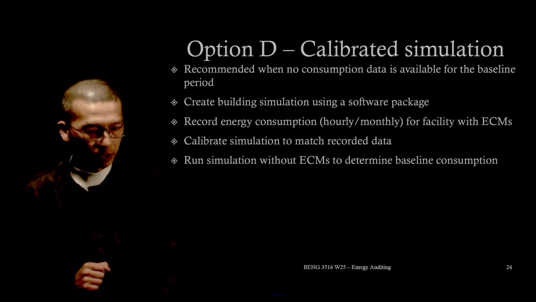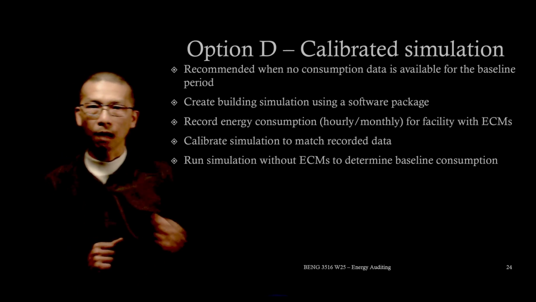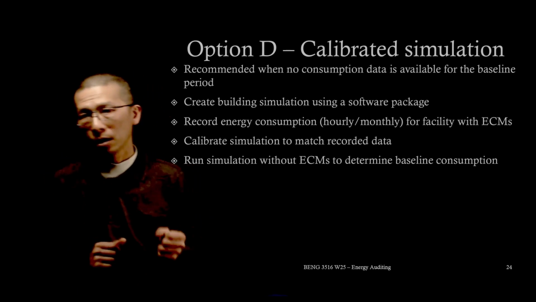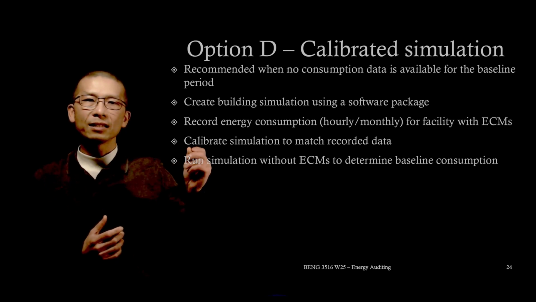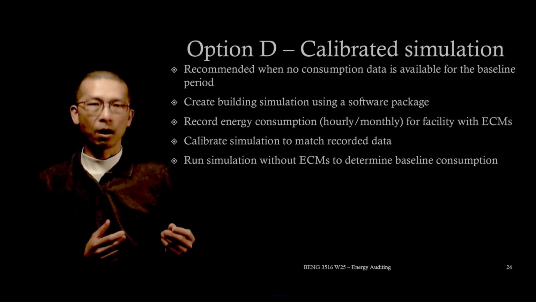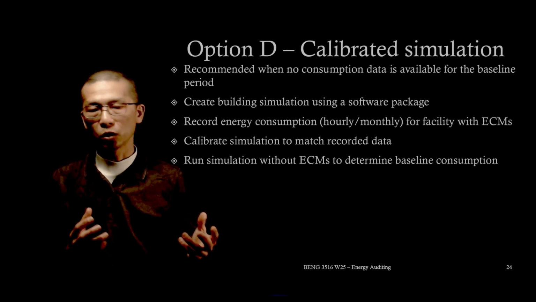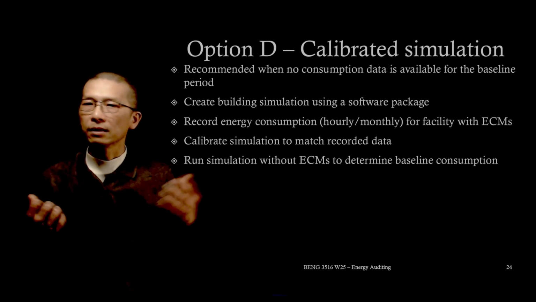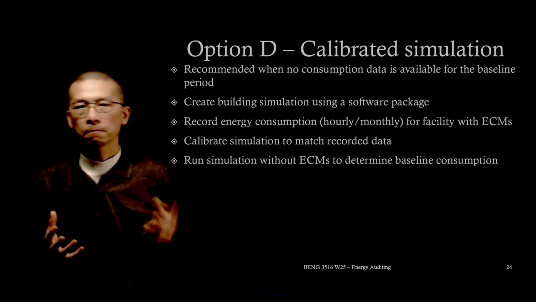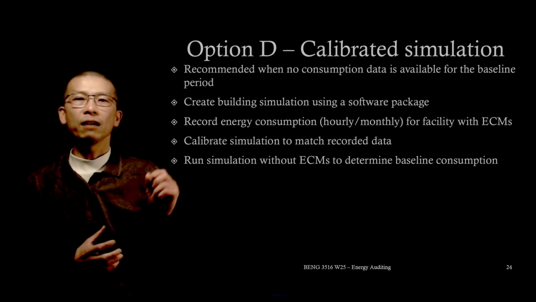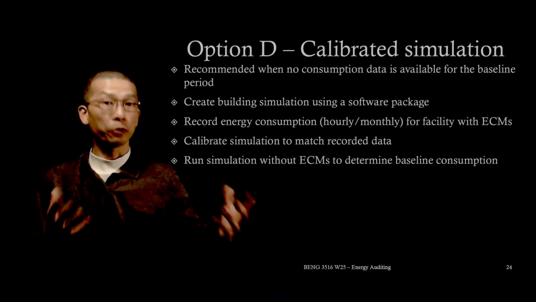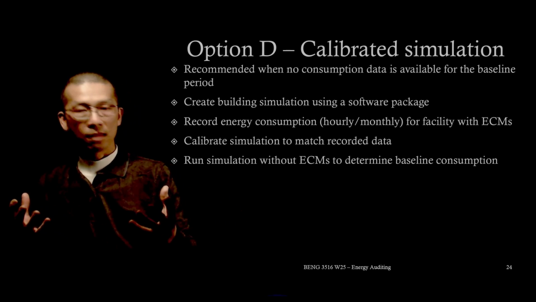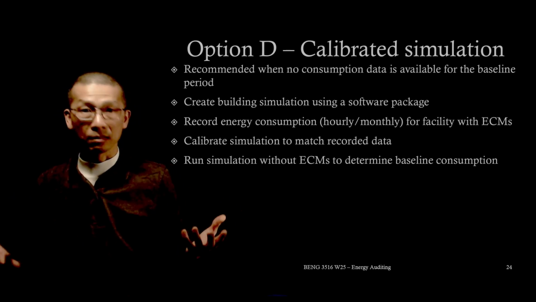One last option, option D, calibrated simulation. Let's talk about it. It uses a computer model of the building or system to estimate energy savings. A detailed energy model is built based on building characteristics and energy use patterns.